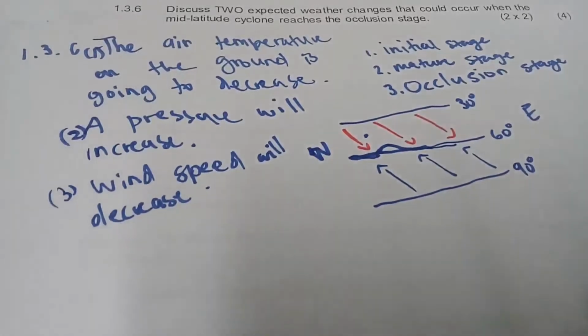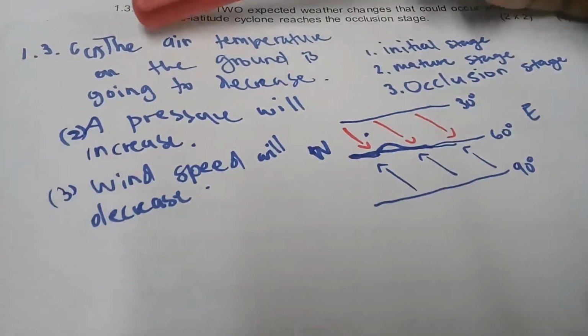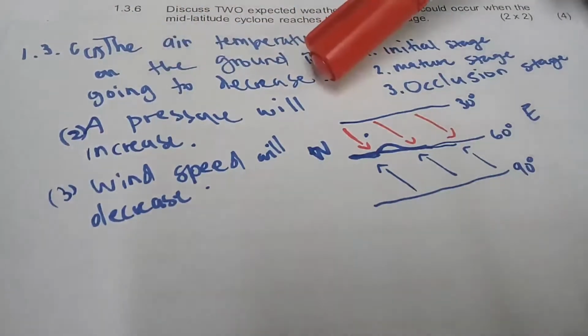Let me explain further. During the occlusion stage, this is whereby a cold front has passed or moved away from South Africa, having affected South Africa, right? My point number 1: the air temperature on the ground is going to decrease.